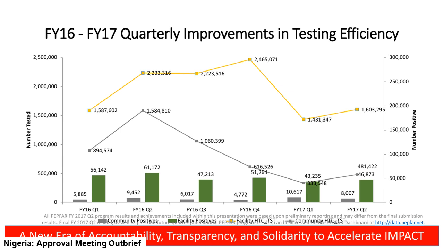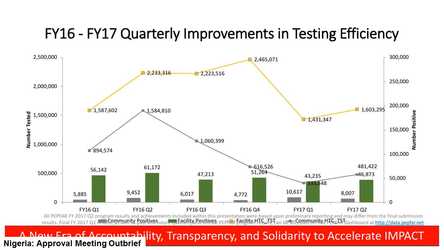take the number for the bar and divide it by the corresponding line. So, for instance, in FY16 quarter 1, facility-based testing had a yield of 56,142 divided by 1,587,602, or about 3.5%.